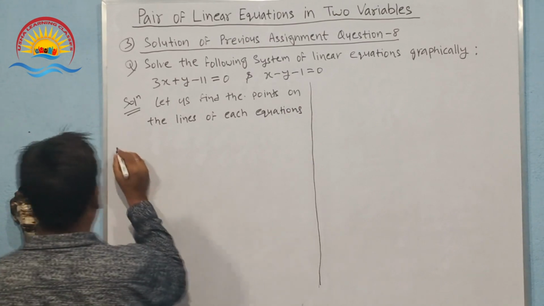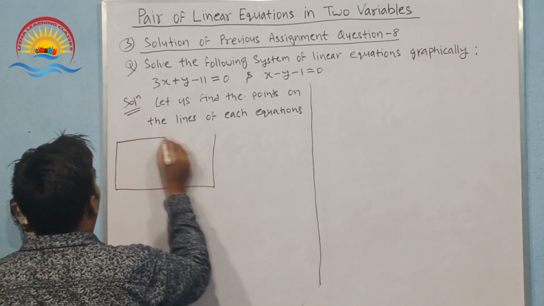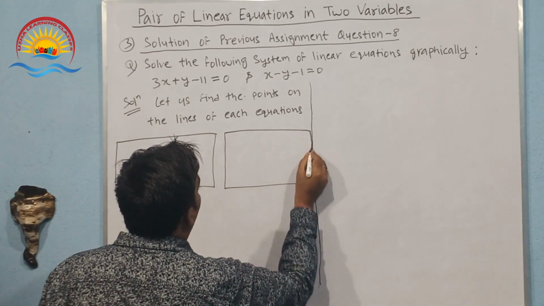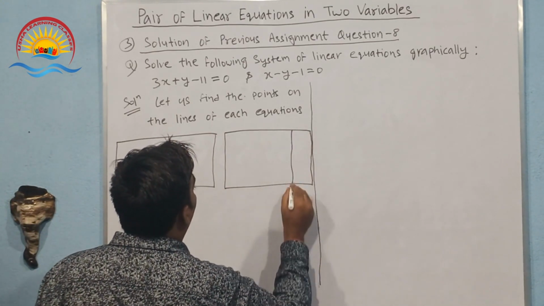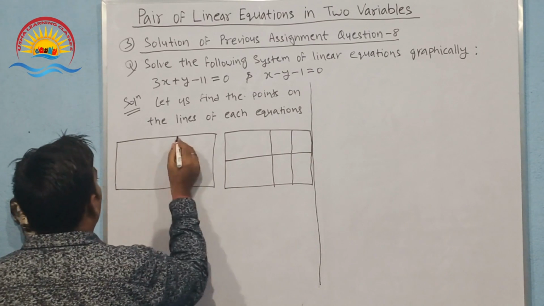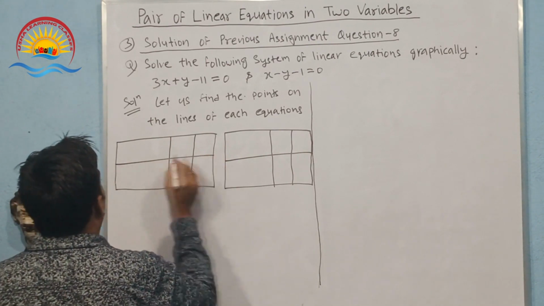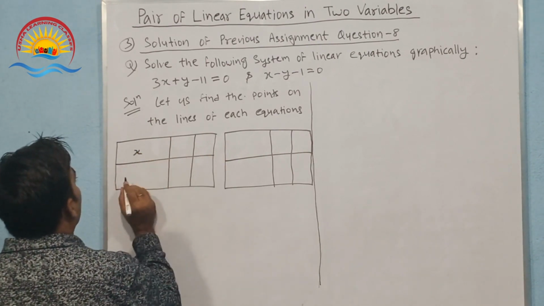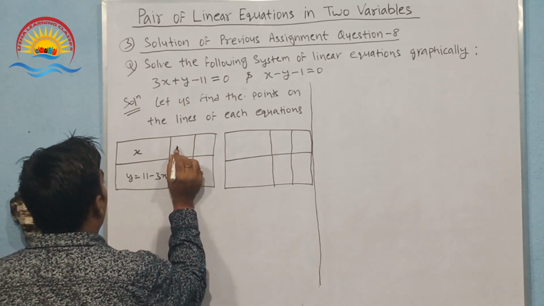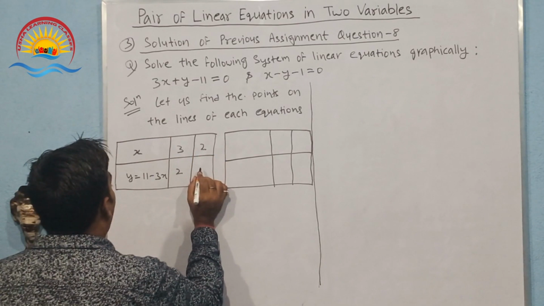We form two tables, each for one equation. From equation 1, y equal to 11 minus 3x. When x equal to 3, y equal to 2. When x equal to 2, y equal to 5.